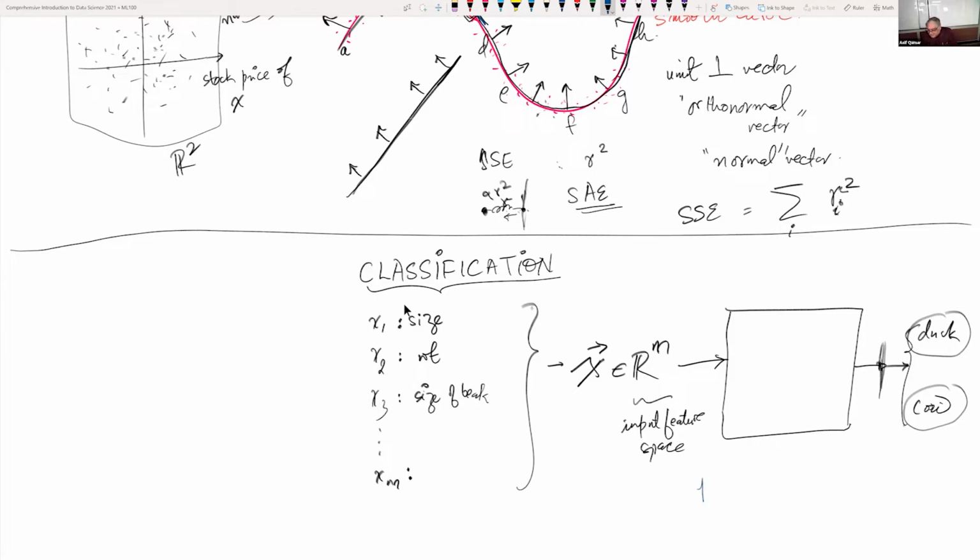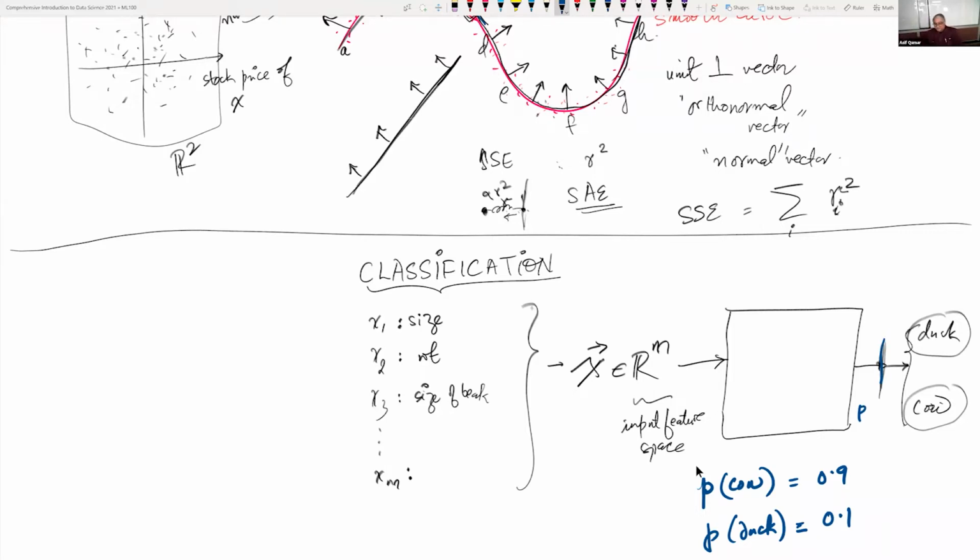So you say that my degree of belief that it is a cow, let's take cow as the positive step, is something like 0.9. So then your degree of belief that it is a duck has to be the complement of that. It has to be 0.1 because it can either be a cow or a duck, isn't it? So your machine can produce a probability, and then from the probability, you can set a cutoff.